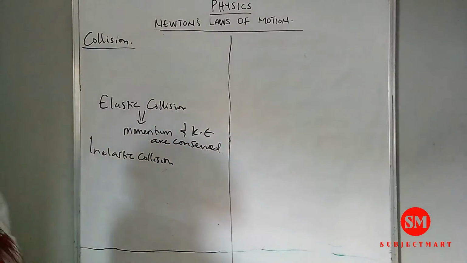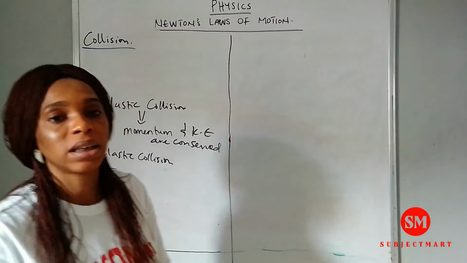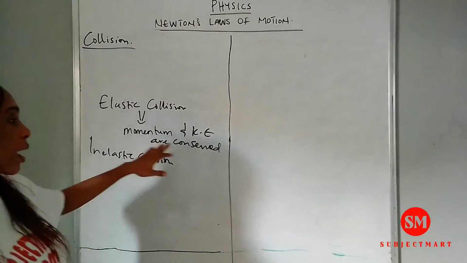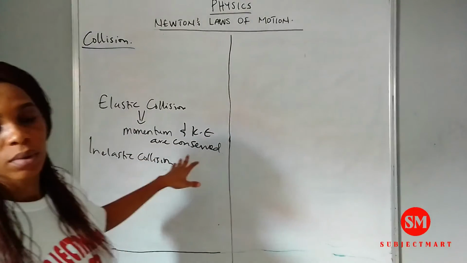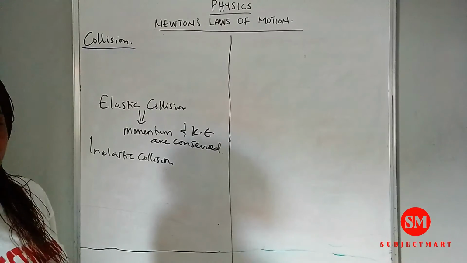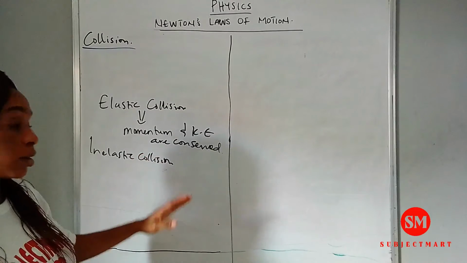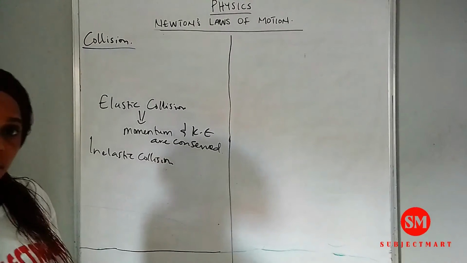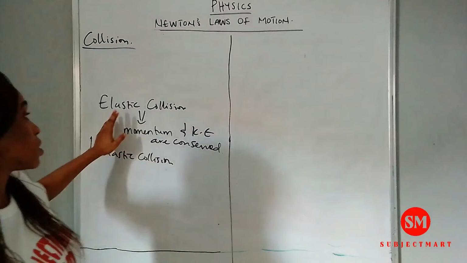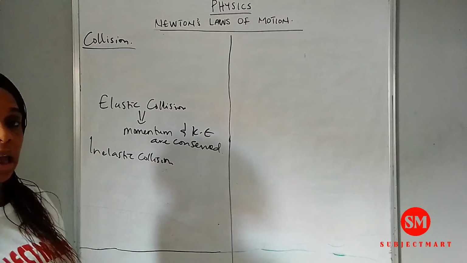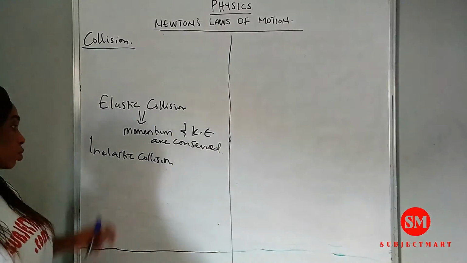That means their momentum and kinetic energy before collision is equal to the momentum and kinetic energy after collision. So for such a collision, we say the collision is a perfectly elastic collision.